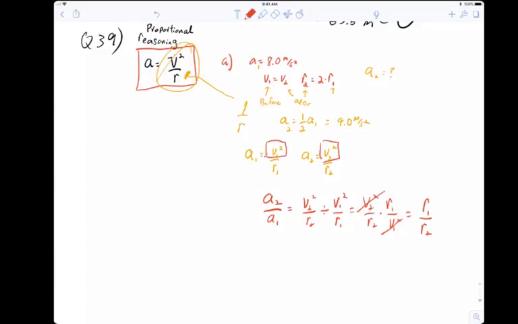We see that if I double the radius, so this is 2r1, I can represent the relationship between these two r's. Then you can write a2 is equal to 1/2 a1 by cross multiplication, and you get the same result.